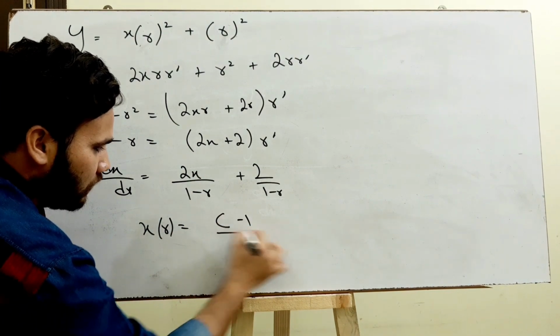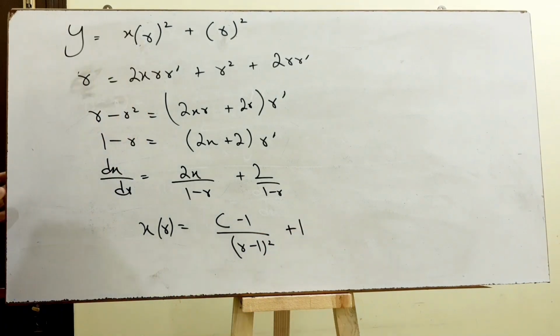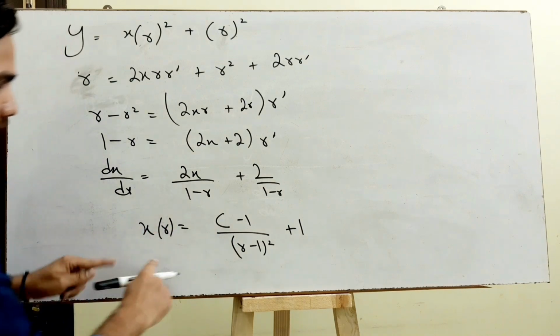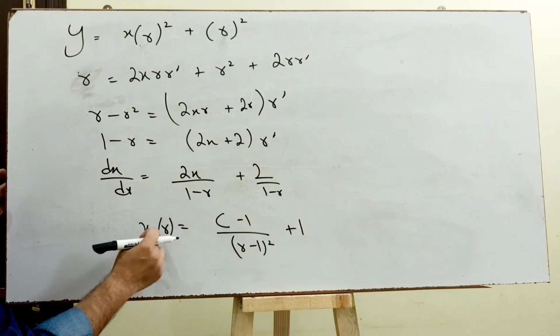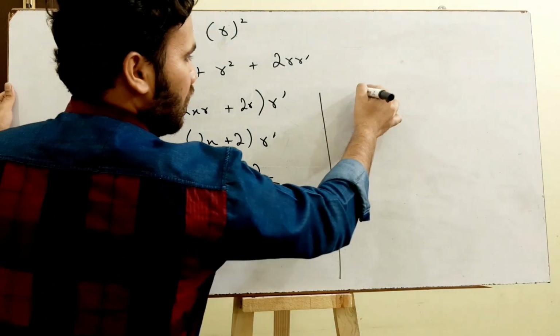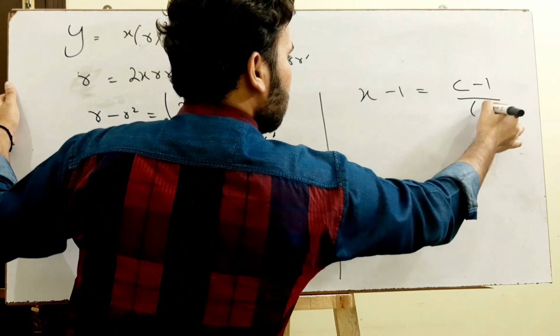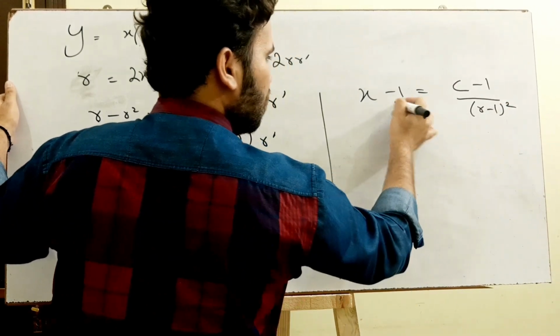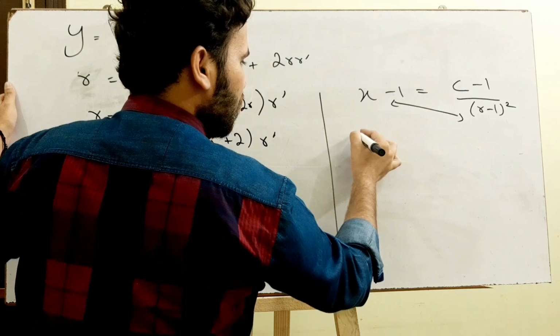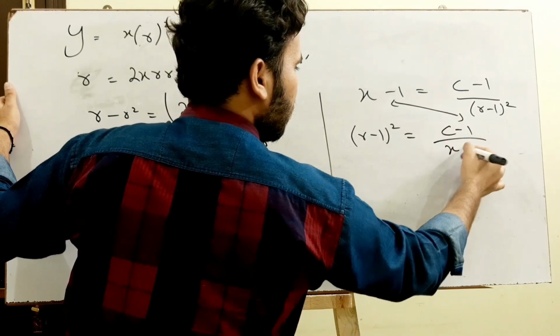Now from the integrating factor I found that x of r equals c minus 1 over r minus 1 whole square plus 1. Now our task is to find the inverse of this function. So from here x minus 1 equals c minus 1 over r minus 1 whole square. I can change this factor, then this will be r minus 1 whole square equals c minus 1 over x minus 1.